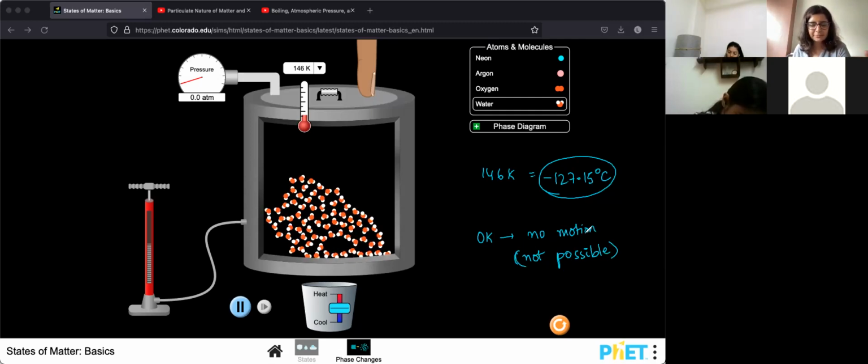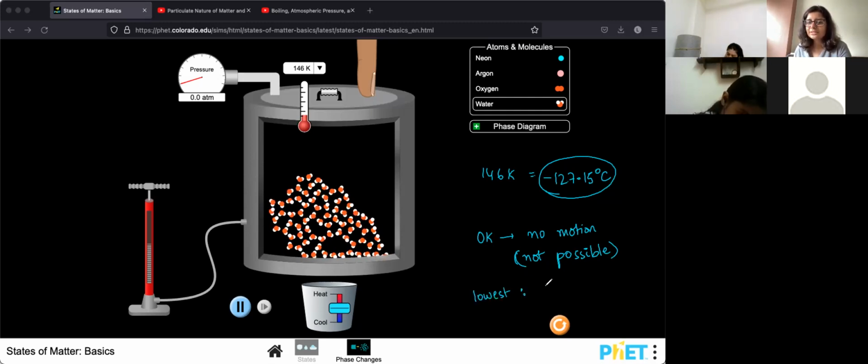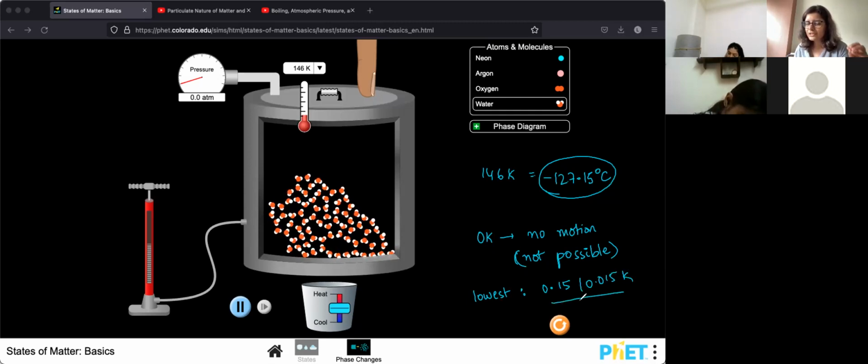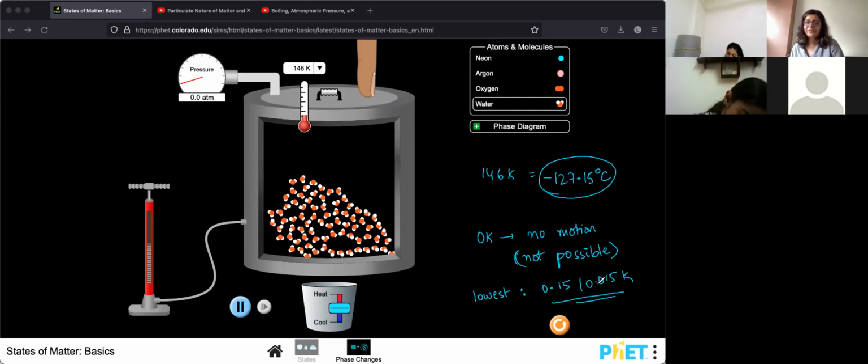Universe में ऐसा कभी हुआ ही नहीं. The lowest temperature that they brought it down to was 0.15 or 0.015 Kelvin. So something like that. I need to check it again. But this was the lowest they could get it to. 0 Kelvin कभी possible ही नहीं हुआ.